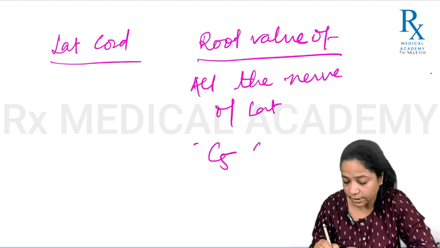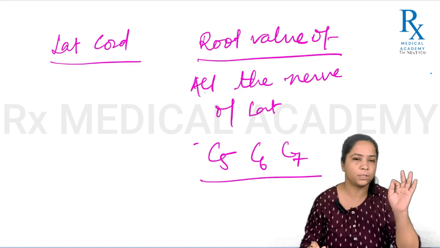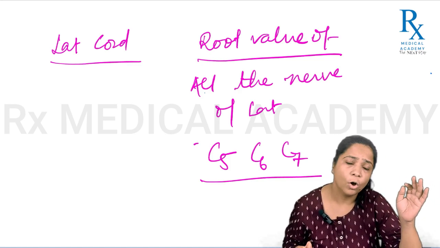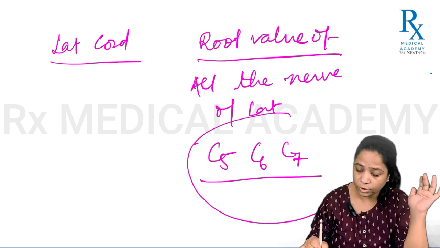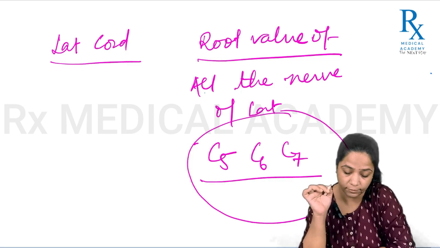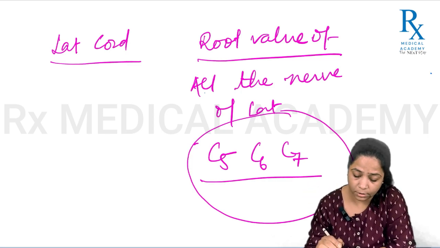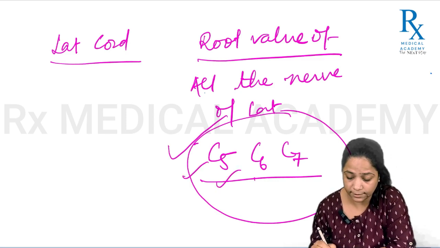They are C5, C6 and C7. Whether it is the lateral pectoral nerve, the lateral root of median, or the musculocutaneous nerve, the root value of all three nerves is the same, that is C5, C6, C7. So you have to remember the root value of the lateral cord is C5, C6, C7.